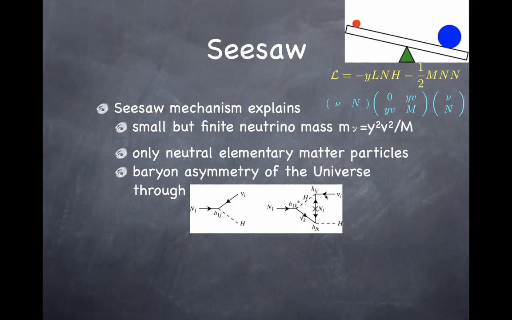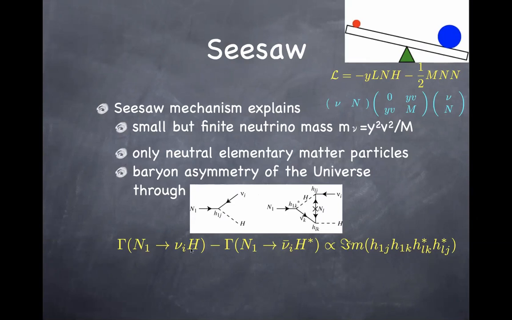But when you have this one-loop diagram and look at the interference between them, it can violate CP, so that the decay rate of this heavy Majorana neutrino into matter versus antimatter can be different, given by the phases of these Yukawa couplings. So when these heavy particles decay, they would implant a small asymmetry between the amount of neutrinos or leptons versus antineutrinos or anti-leptons.